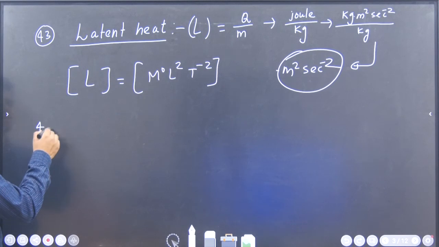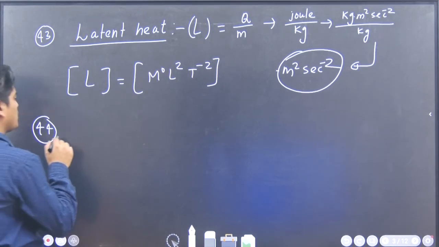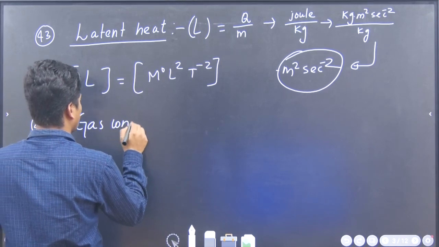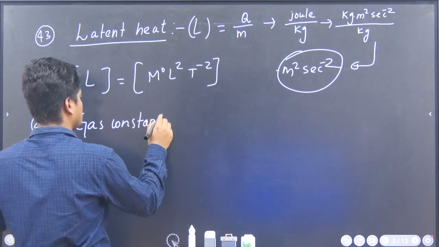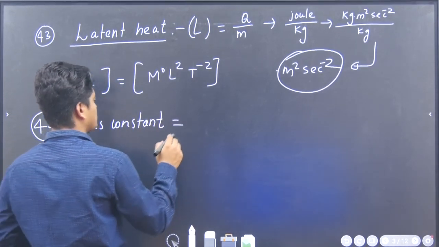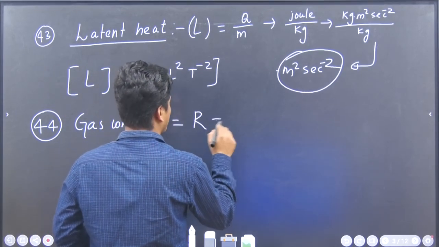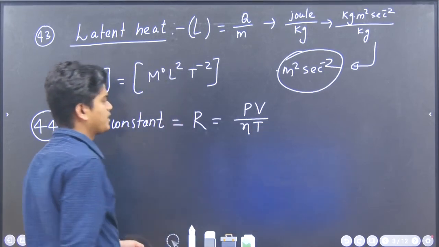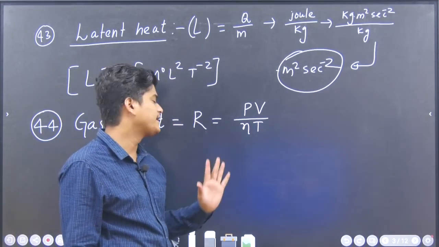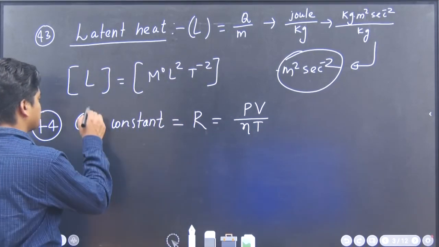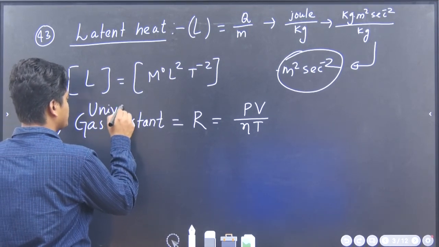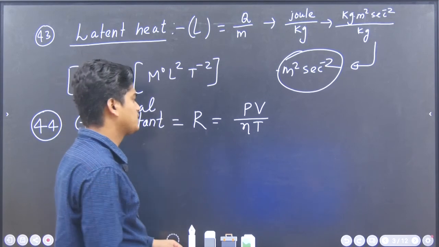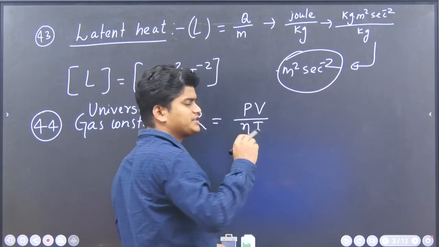So now, number 44, if you go here, I can go to the constant, that is called the universal gas constant. So what is the universal gas constant? That is basically R. So R can be written as PV by nT. You know PV equal to nRT, that is the ideal gas equation. So here you can call it the universal gas constant, that is capital R. Now PV represents what?